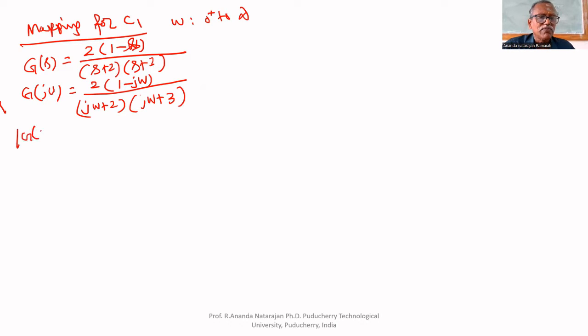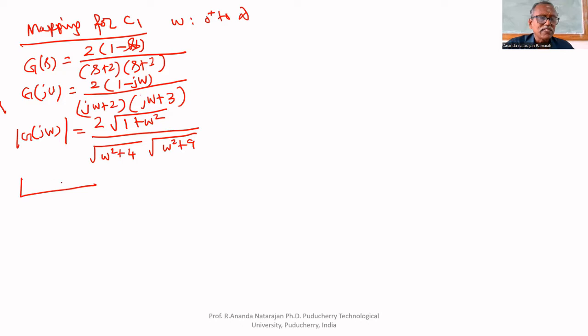Therefore, modulus of G of j omega equal to 2 square root of (1 plus omega square) upon square root of (omega square plus 4) square root of (omega square plus 9). What is the angle of G of j omega? Angle of G of j omega, for this, minus omega, but it is in the numerator, that's why plus tan inverse of minus omega by 1.